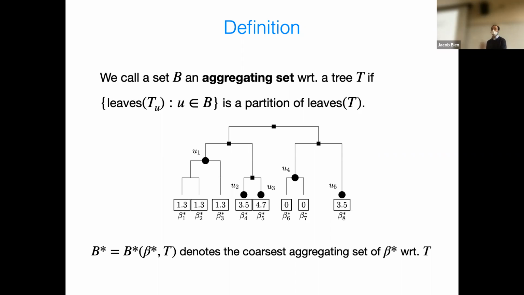So what is a good tree from this perspective? A good tree is one where, for the true beta star, you only need a small number of these aggregating nodes. But if you hand the wrong tree to this problem, it's going to come out that you need a lot of aggregating nodes, all the way at the bottom like they are here. And that's maybe just a property of having chosen the wrong tree.